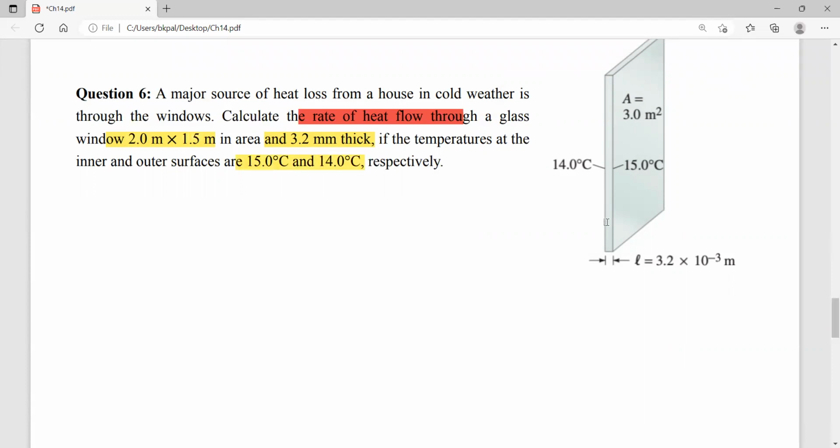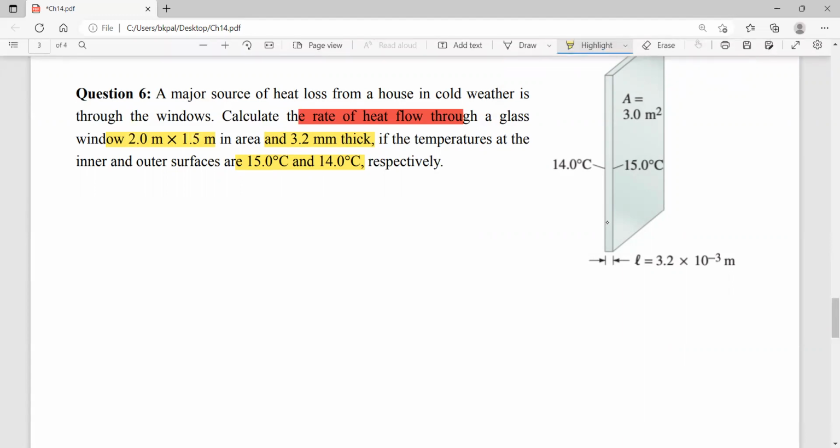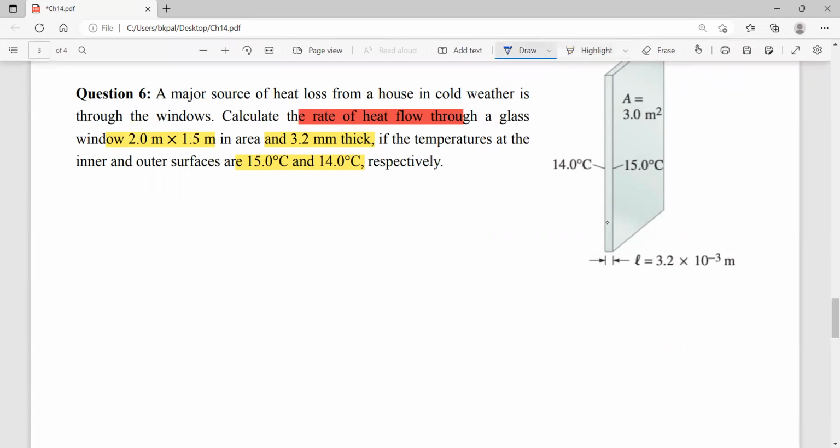Okay, and this is a glass, and for glass we know the thermal conductivity from the table.